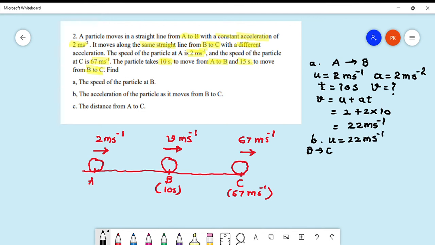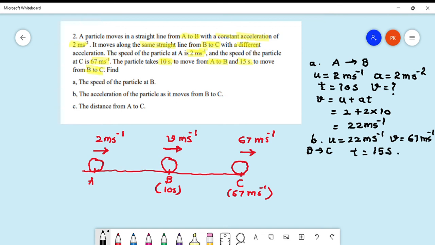Then the final velocity when it reaches C is 67 meters per second. And it is taking 15 seconds to travel from B to C.